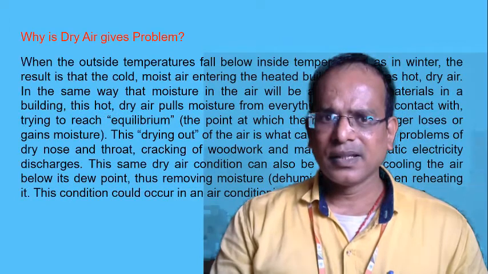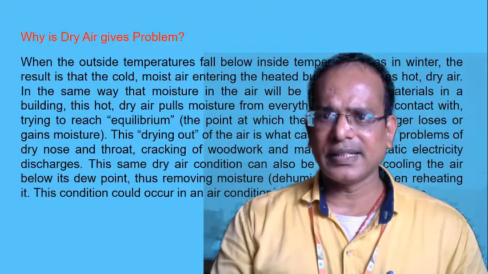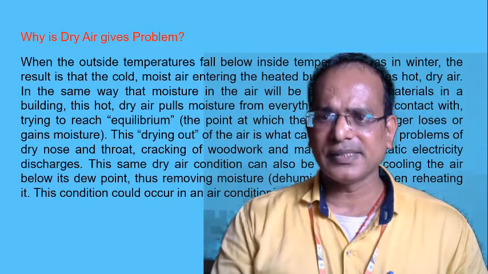Why does dry air give problems? When the outside temperature falls below the inside temperature, as in winter, the result is cold moist air entering the heated building, which becomes hot, dry air. In the same way, the moisture in the air will be absorbed by the materials in the building. This hot dry air pulls moisture from everything it comes in contact with, trying to reach equilibrium.